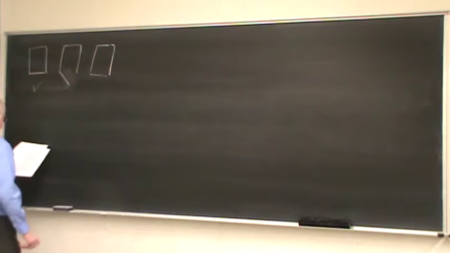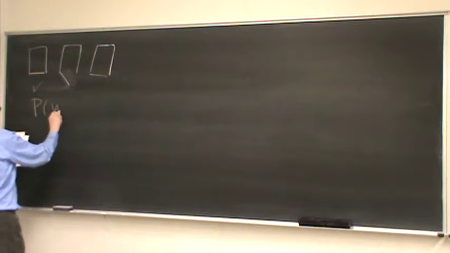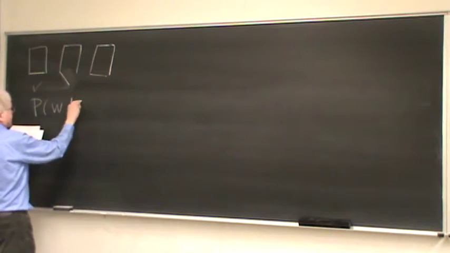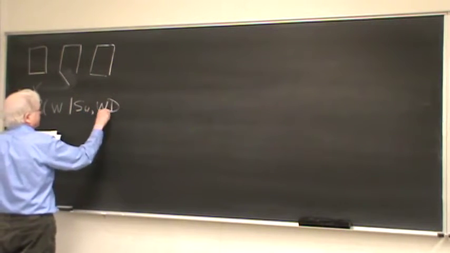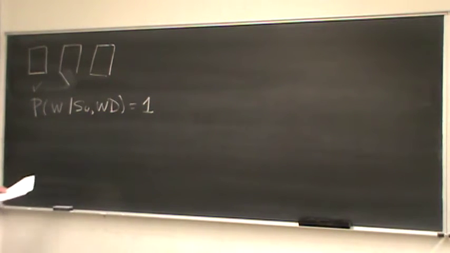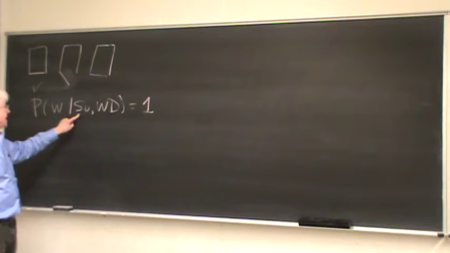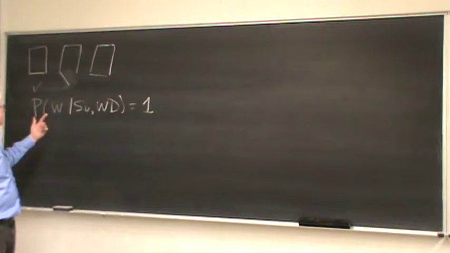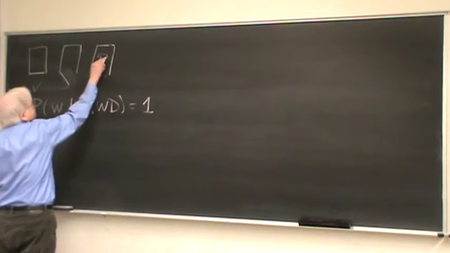Okay. So first of all, the probability of winning, given that you switch and picked the wrong door, well, that's going to be 1. Okay. In other words, you picked at the first stage the wrong door, and then you switched, then the probability of winning would be 1, because in this case, the prize would be here.